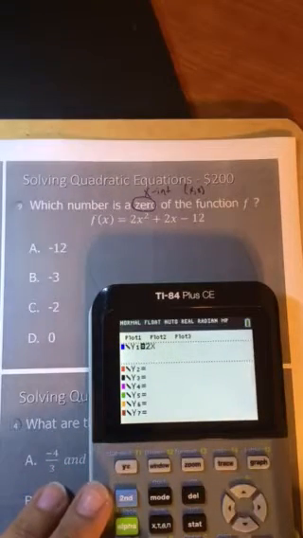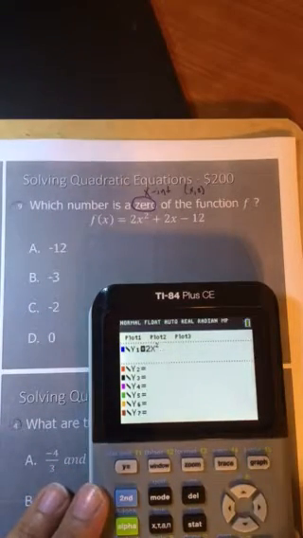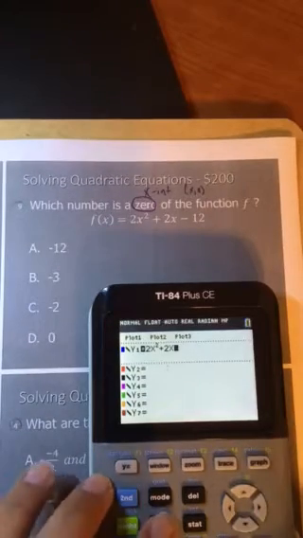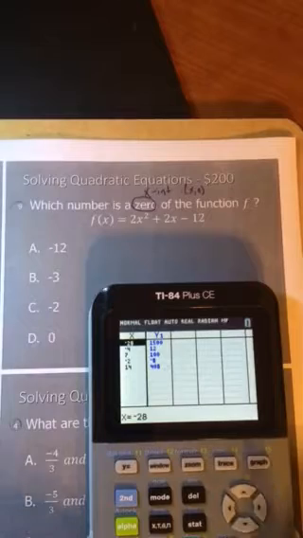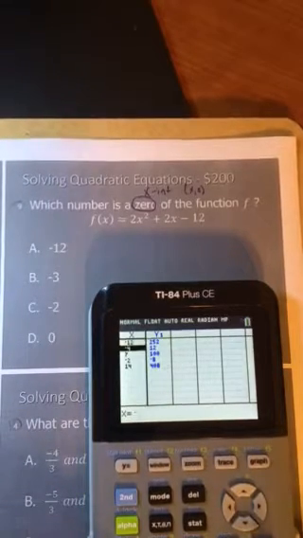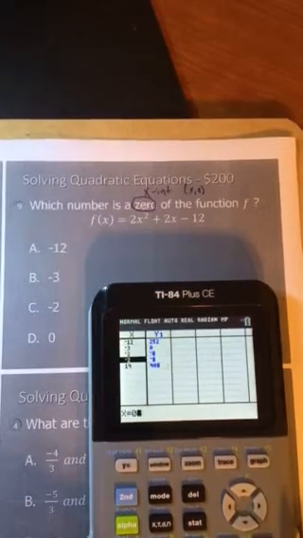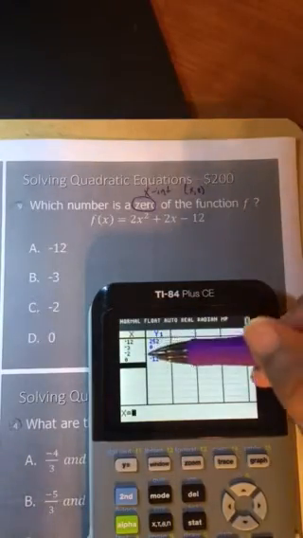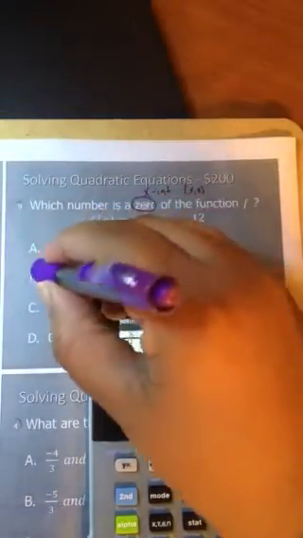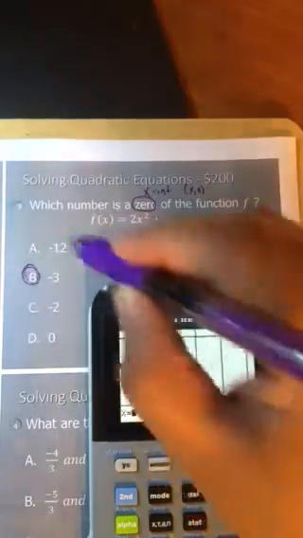So 2x squared plus 2x minus 12. We go to second graph, and I'm going to type in all these answer choices. Again, we're looking for where the 0 is. Well, here's 0. Across from it is -3. That's our answer.